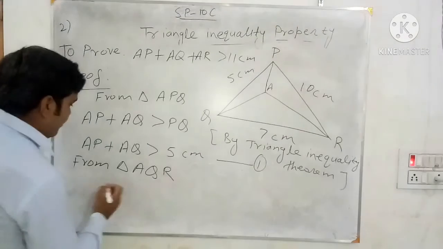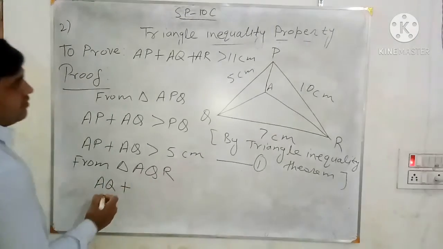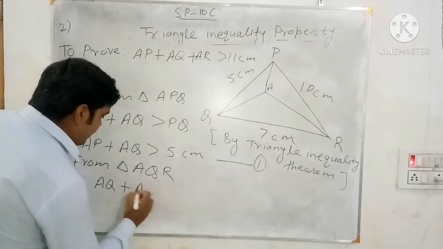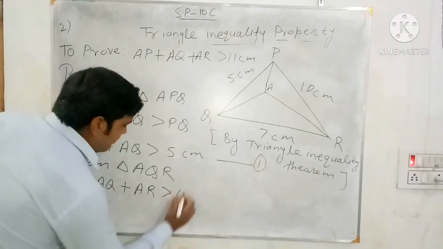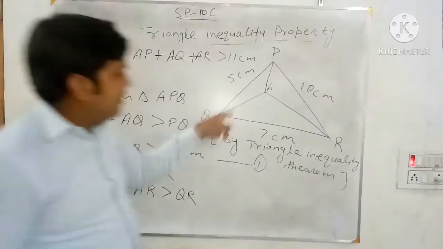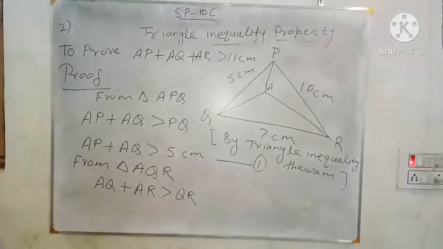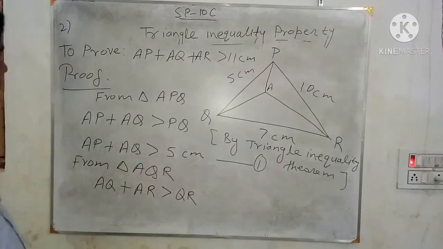So from triangle AQR, what do you write? AQ plus AR is greater than QR. That is what we got here.